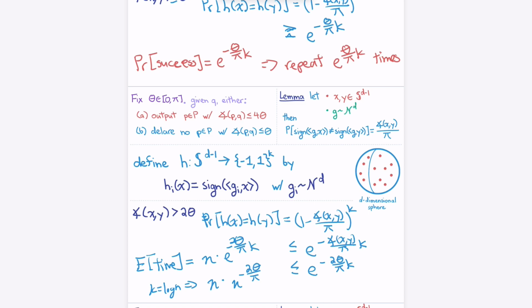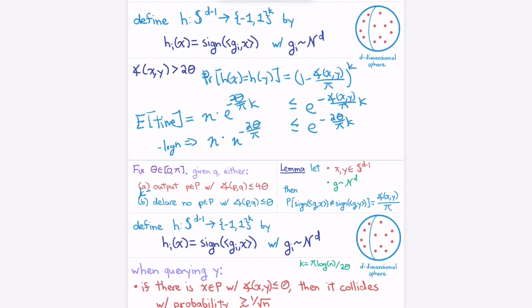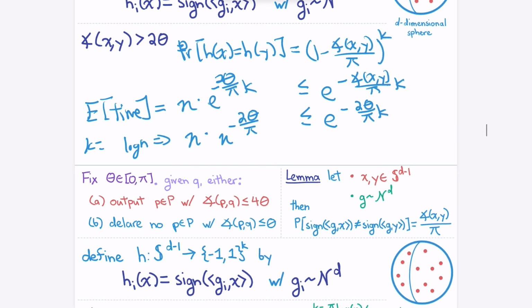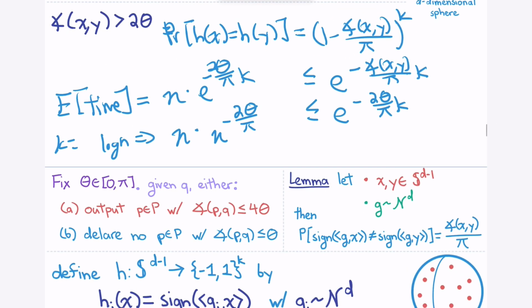2 log n? It'll be n to the negative 4 theta over pi. So again, if theta is really small, you'll be very close to n. We just want to cancel out the theta, right? So maybe I'll put some coefficient in front: pi over theta.